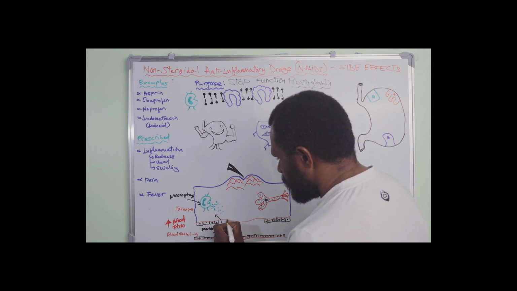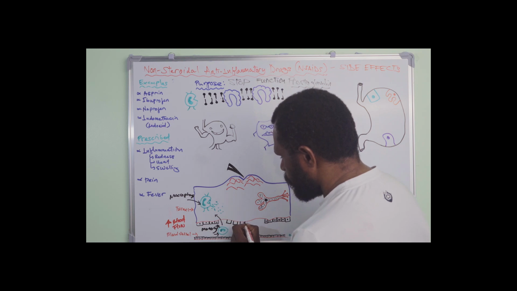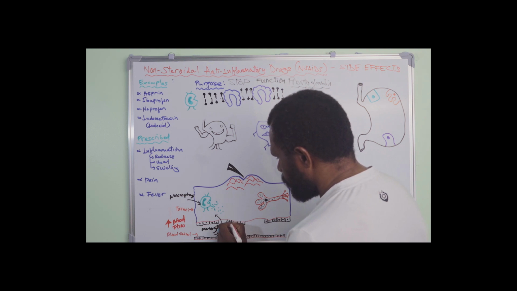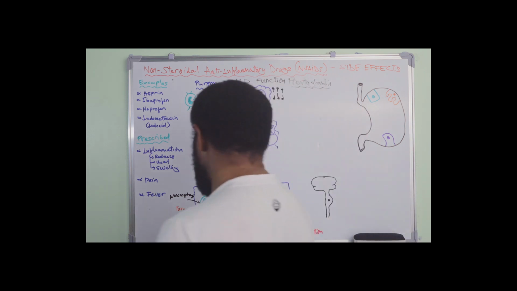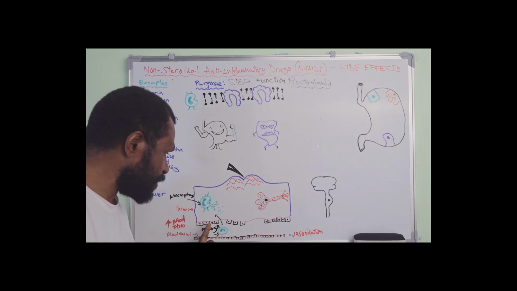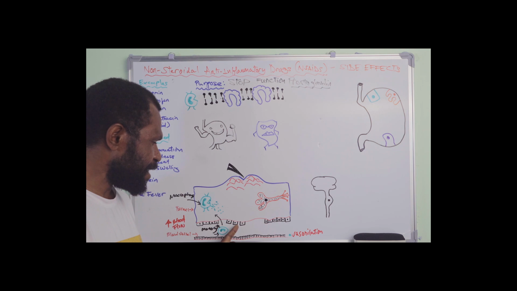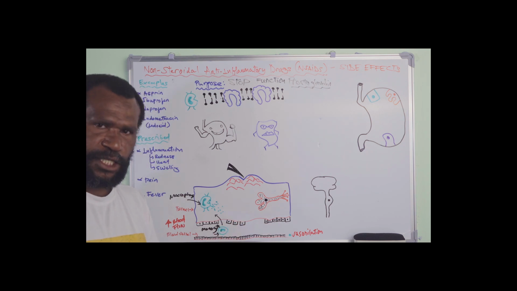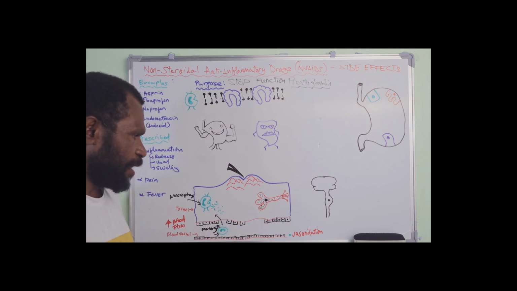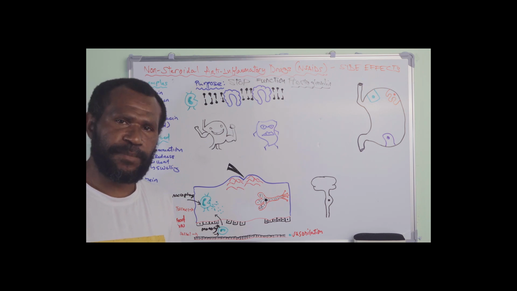So what happens is that now the cells lining the blood vessel will increase the space between them. In that way, they will increase the permeability.